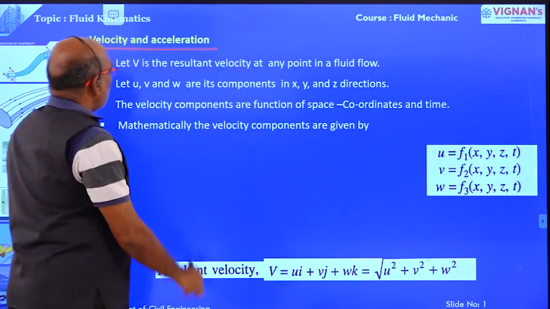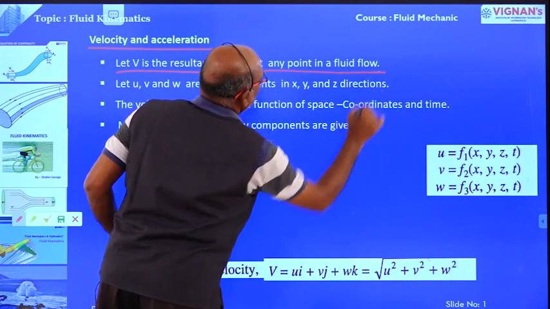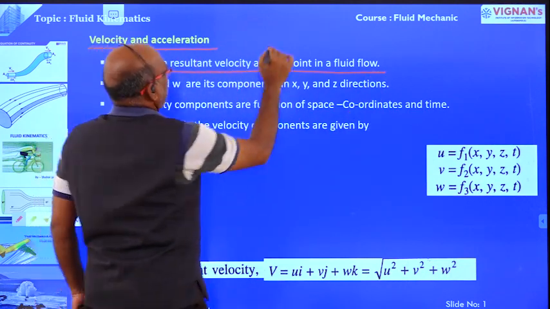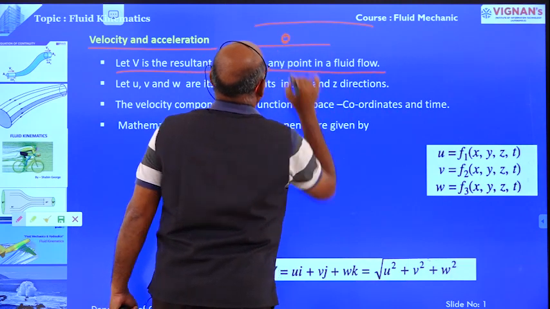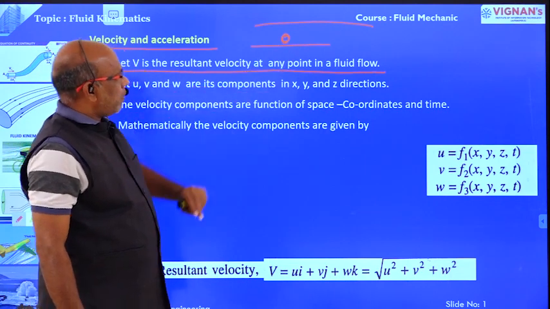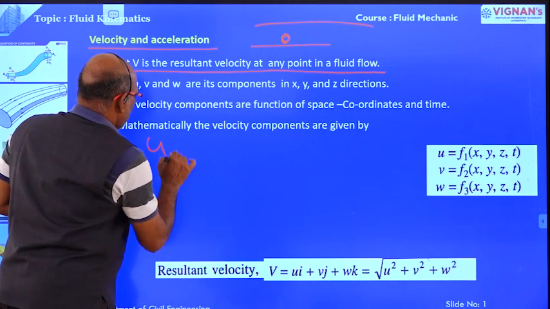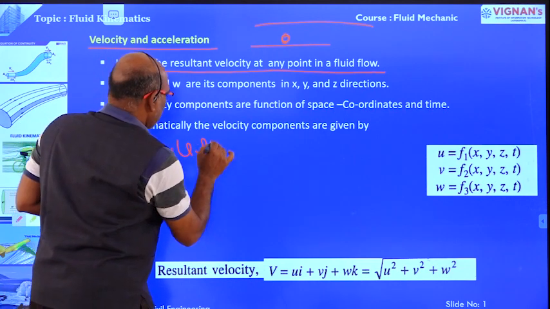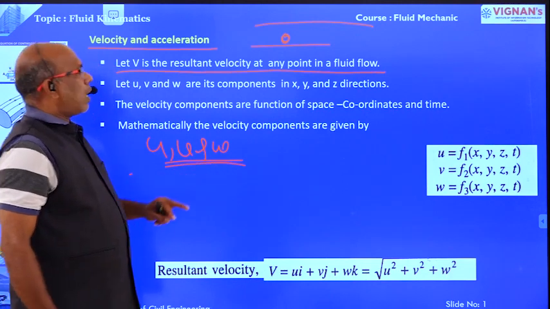Now, let V be the resultant velocity at any point in the fluid flow. This is the fluid mass. Let u, v, and w be the velocity components in the fluid flow.